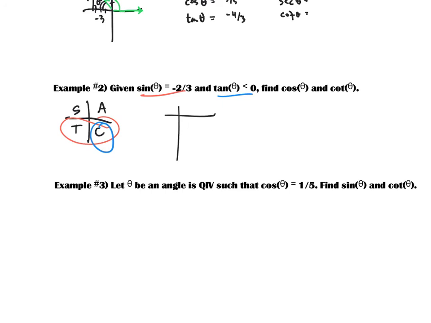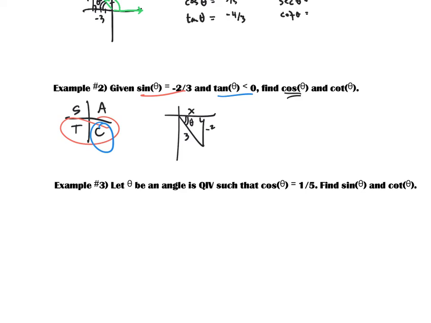Okay, so the sine is negative 2/3. Here's my reference angle, theta. So the sine is opposite over hypotenuse. If I want to know the cosine, then I need to know this x value.